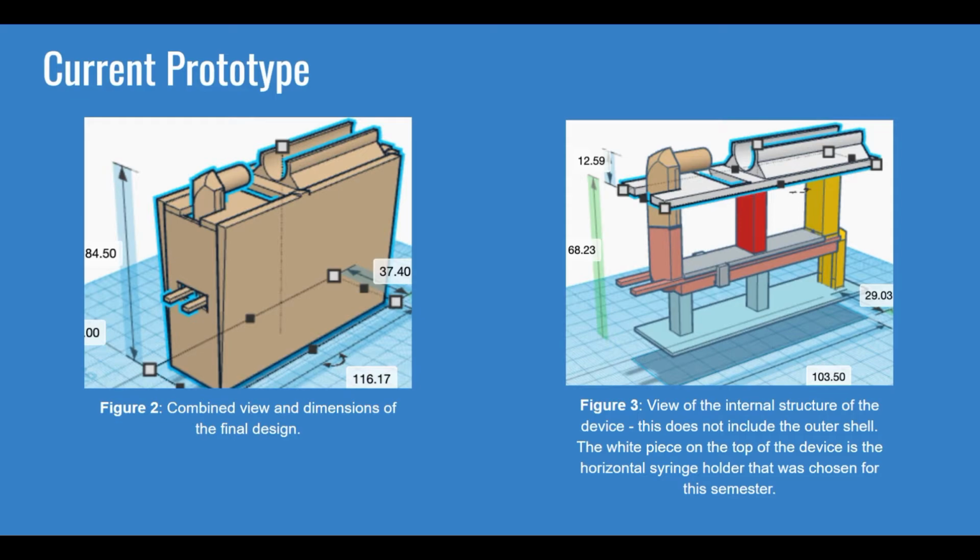Now, this design consists of the outer shell and the internal structures. You can see the internal structures on the right, which is figure 3. The yellow parts are where it leads from the channel to the reservoir tank. The light blue part is the top part of the reservoir tank.